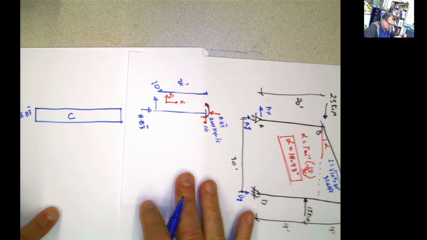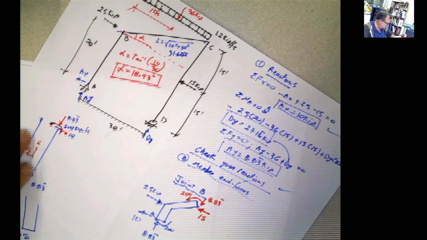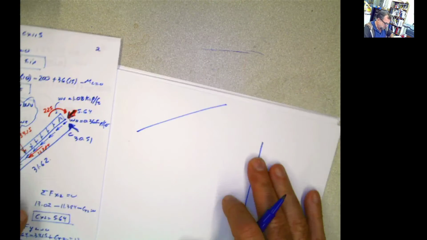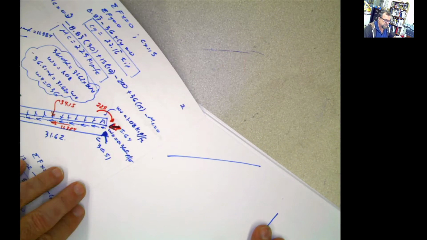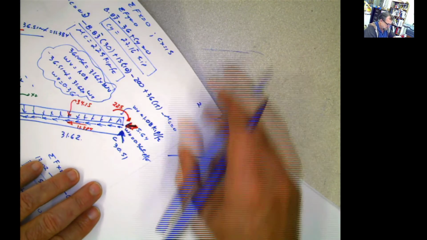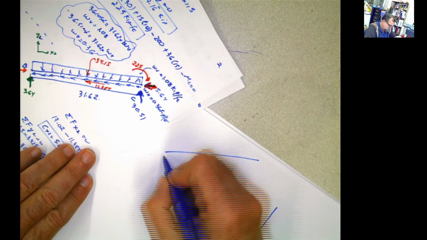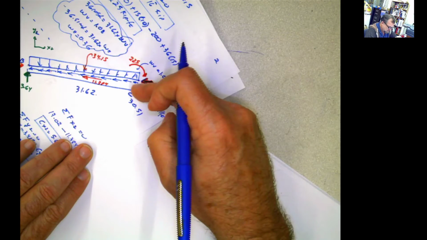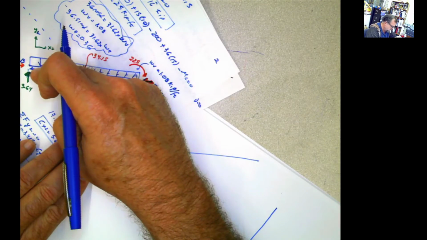8.83 compression. Now let's go to the axial in the inclined member, and this is where you're going to see a slight difference. But once you put it like this, it's the same thing. So what is the axial acting here? 17.02. So it's going to be like that, 17.02. And then I find this force, which is rectangular and opposing to that one.